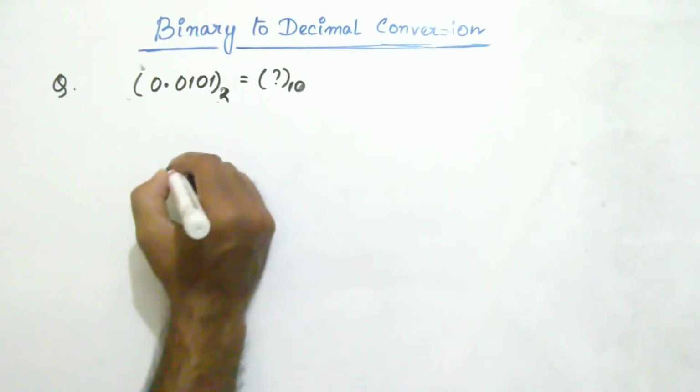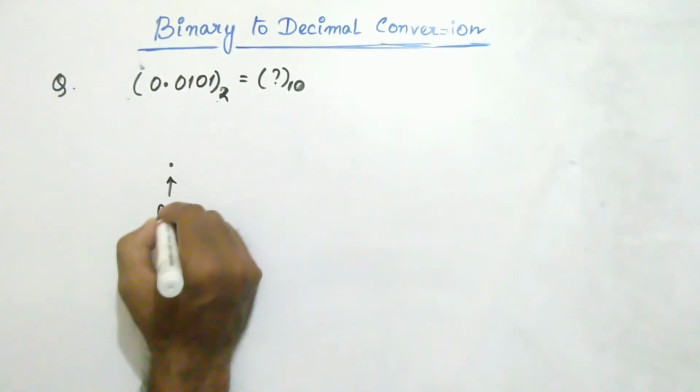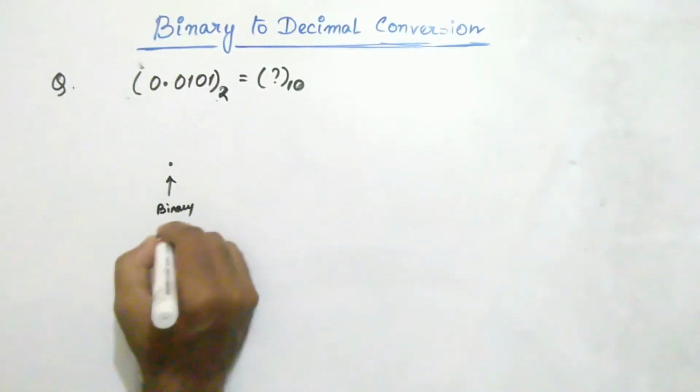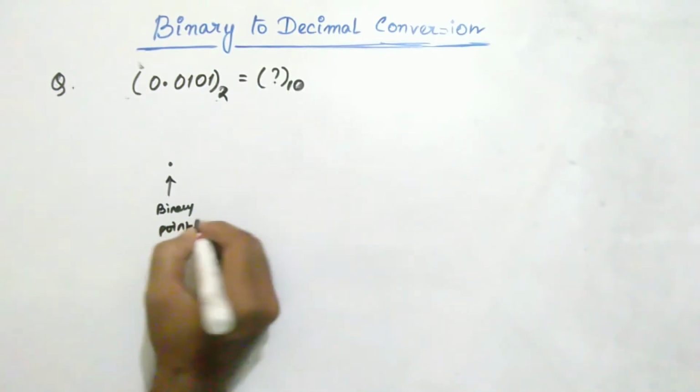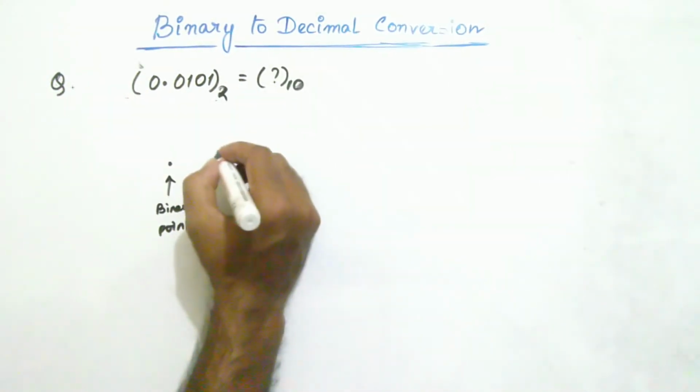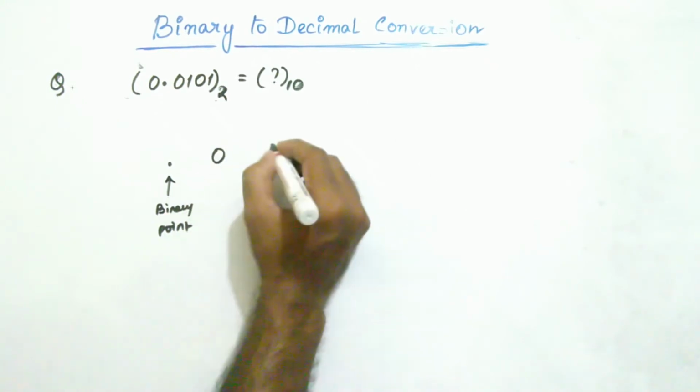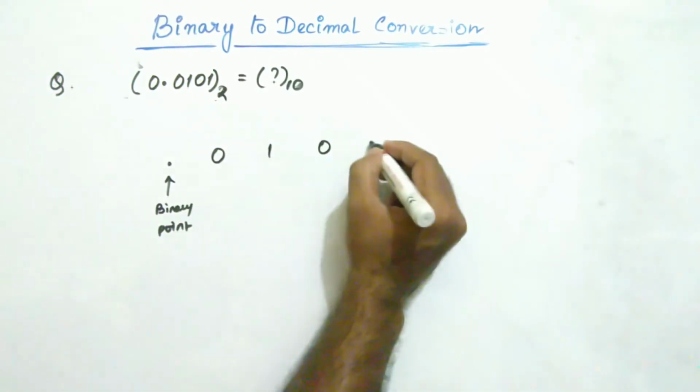So here we have our binary point, this one, and after the binary point we have the values 0, 1, 0 and 1.